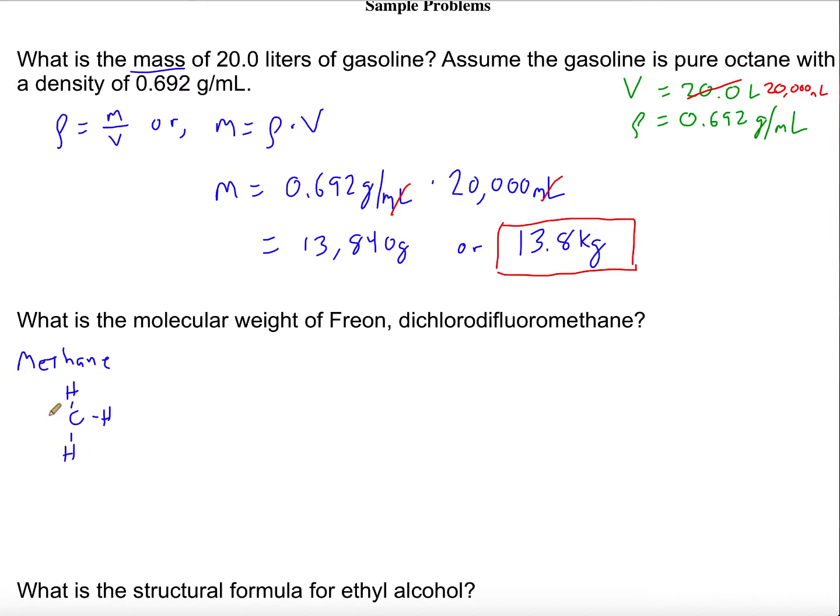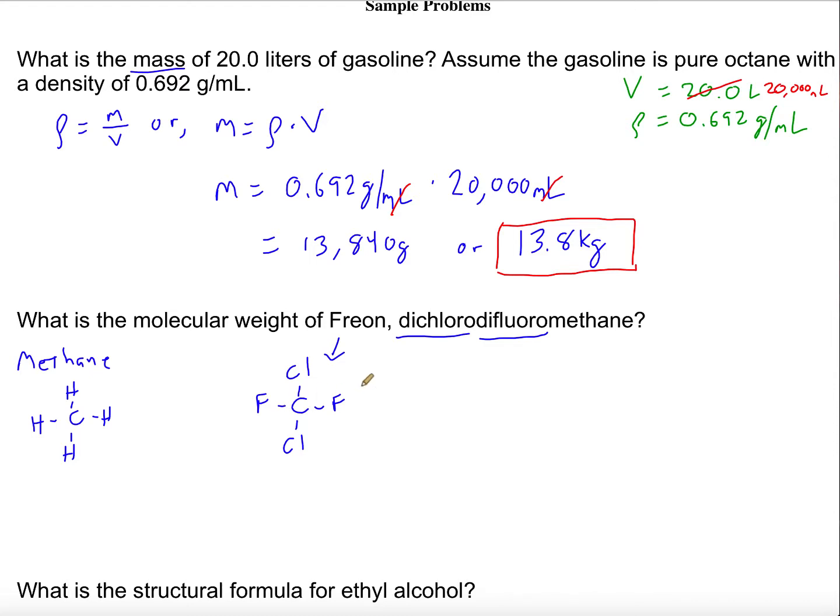Now, if we remember our terminology, this is methane, so it's going to have the same structure, except it's going to have dichloro, which means 2 chlorines, and difluoro, which means 2 fluorines. So the Freon is going to still have the carbon structure there, but is then going to have 2 chlorines and 2 fluorines.